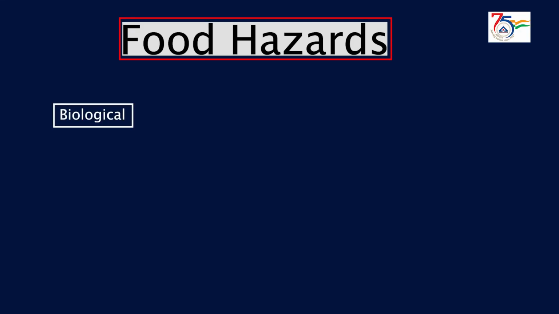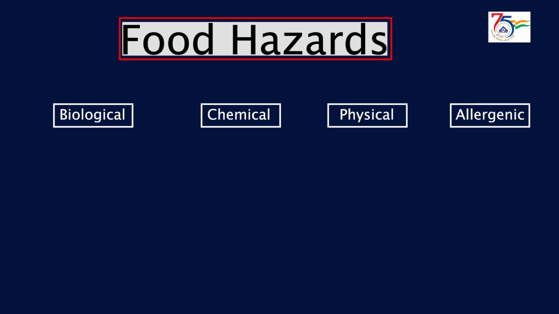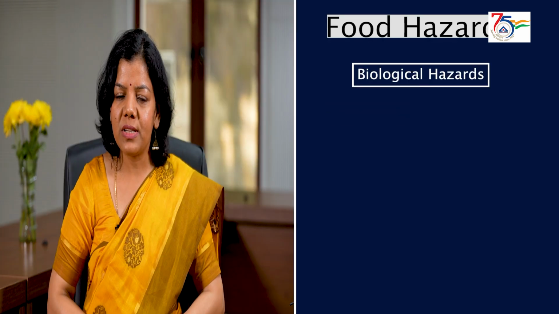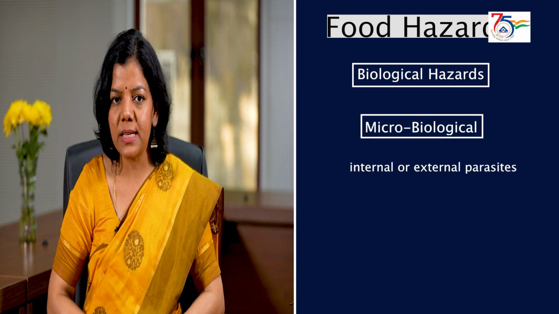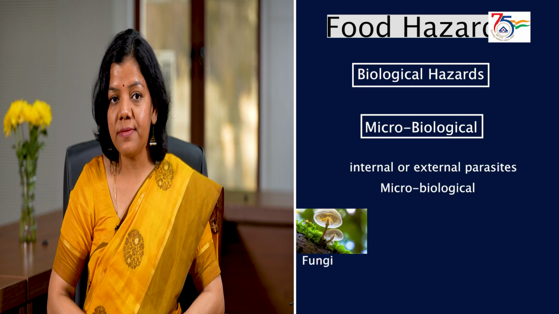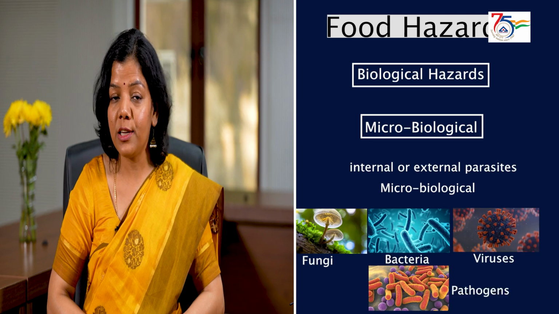One of the most important aspects for HACCP is to identify the hazards in the system of any organization. It will vary from organization to organization. Food hazards may be biological, chemical, physical, allergenic, etc. Important biological hazards include macrobiological, that is internal or external parasites, and microbiological, that is fungi, bacteria, viruses, including pathogens.